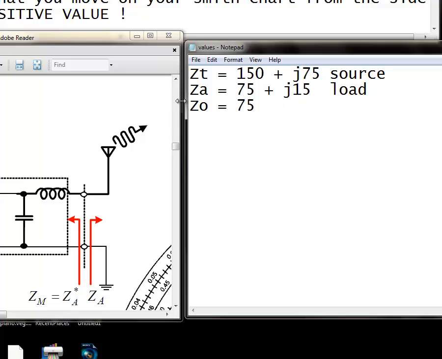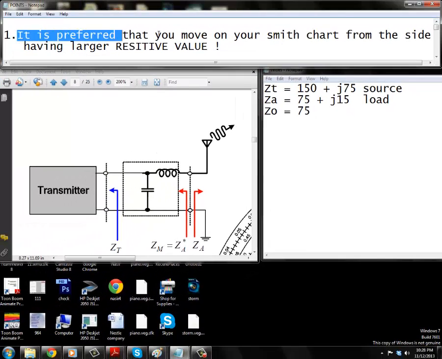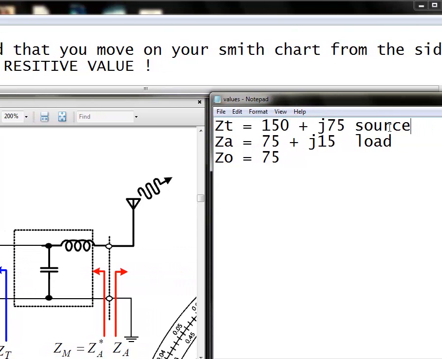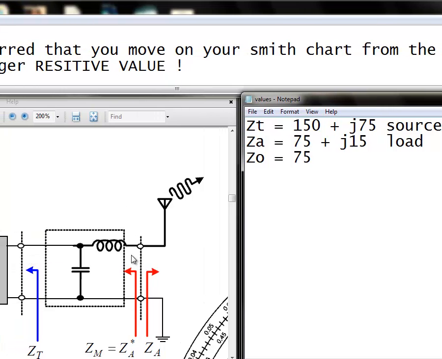Before proceeding to the steps, there are a few points that we should keep in mind. Point number 1 is, it is preferred that you move on your Smith chart from the side having the larger resistive value. In this circuit we can see that ZT has a larger resistive value, so it is preferred that we move from the side of the source to the load.